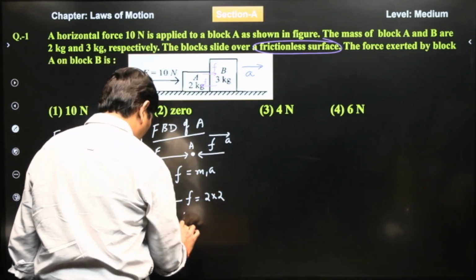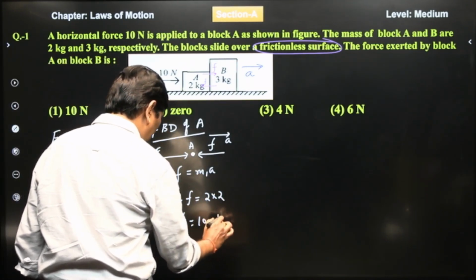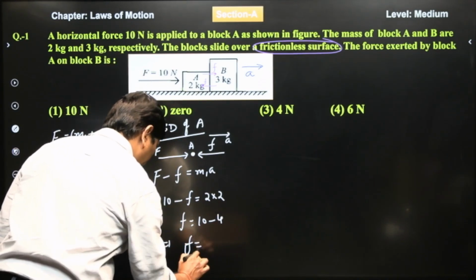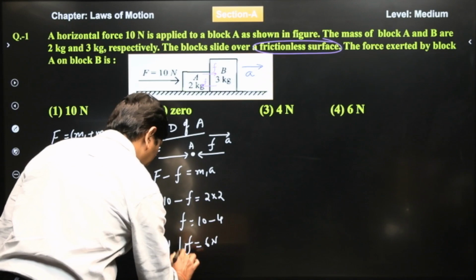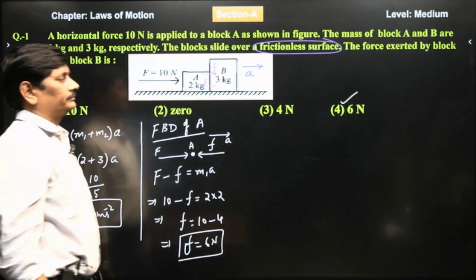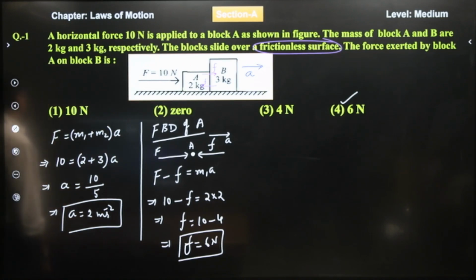So, you will get f is equal to 10 minus 4. So, that f is equal to 6 Newton. So, here you have the answer. So, this is a 2-part problem.